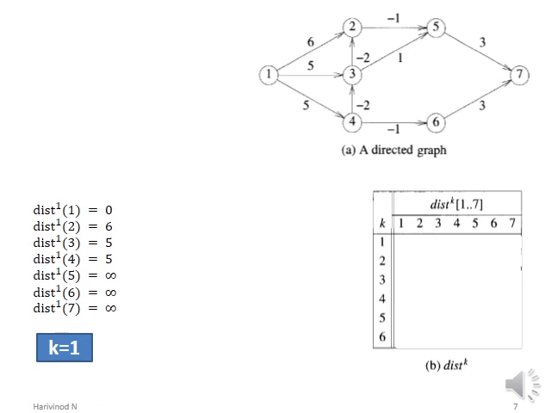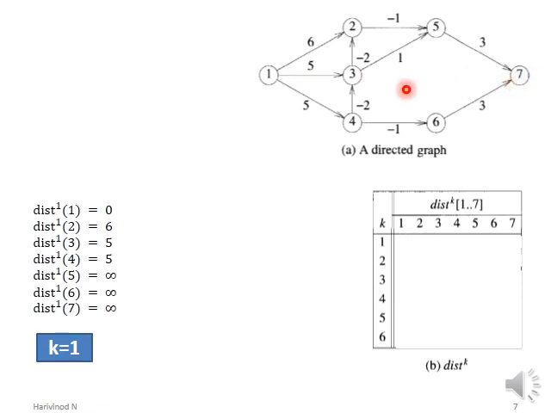Consider a graph with 7 nodes with positive as well as negative edges. This is the table that represents all the intermediate results. There are 6 rows. K value ranges from 1 to 6, because there are totally 7 nodes.